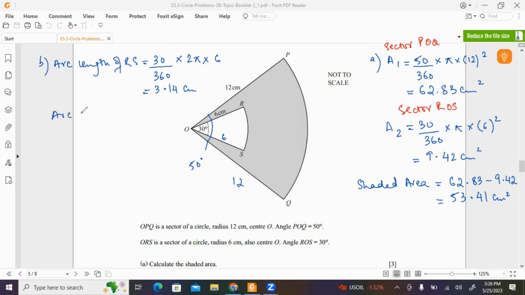And find the arc length of PQ, which is 50 over 360 times 2 pi times 12, that's 10.47.